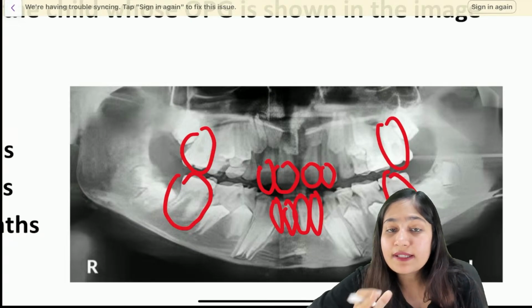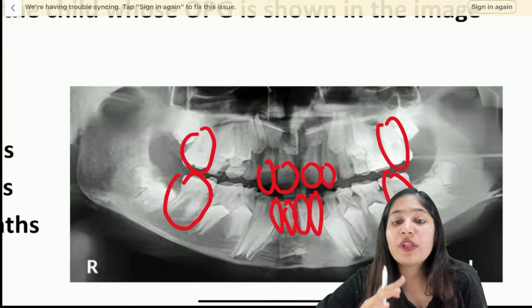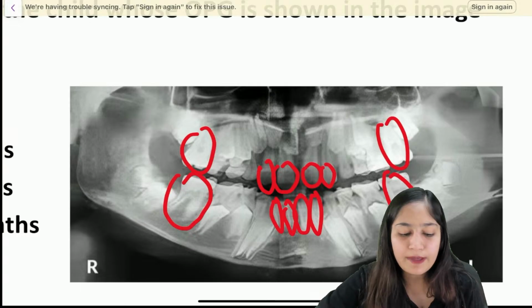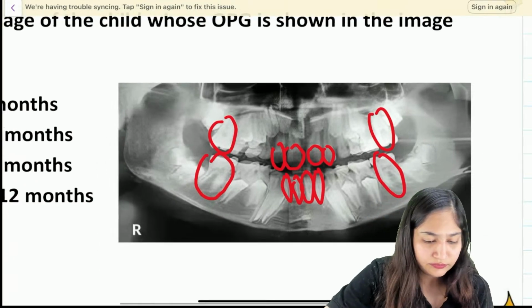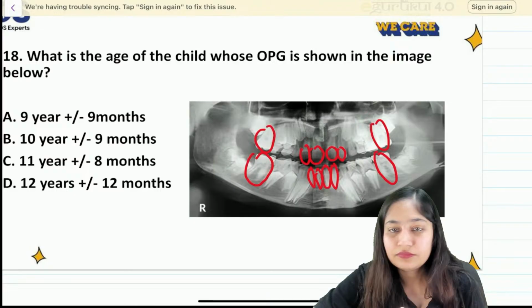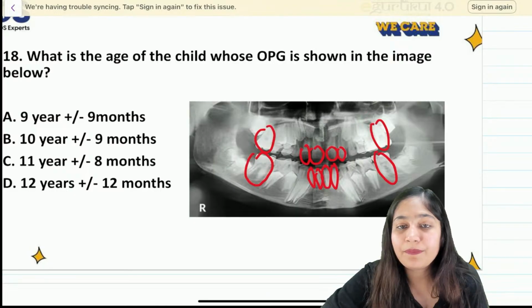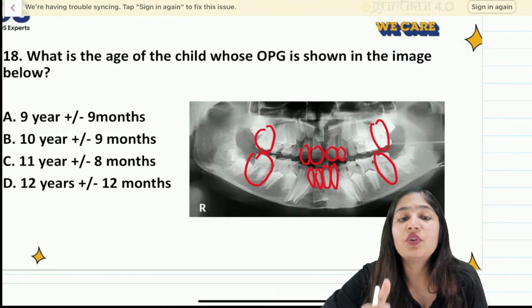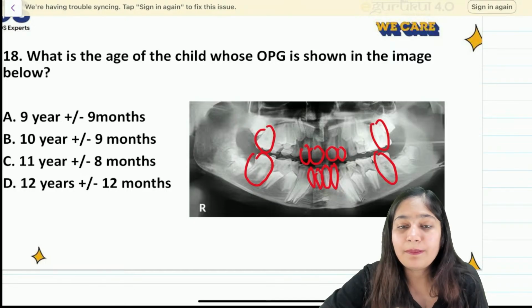So amongst these incisors and molars, which one is the last tooth to erupt? Based on that, you will get the age of the patient here.